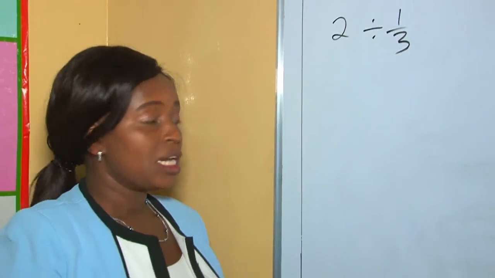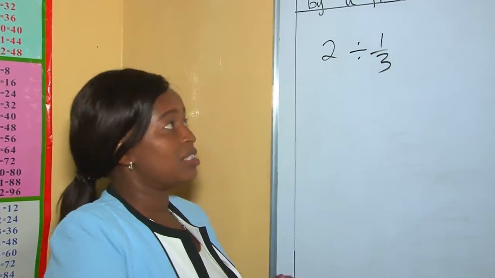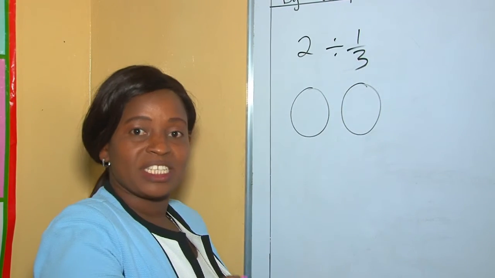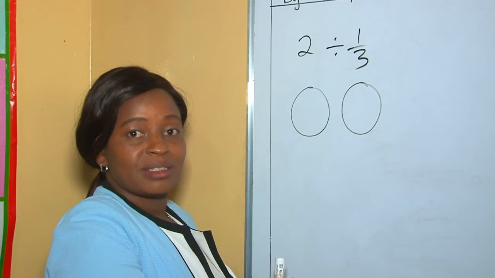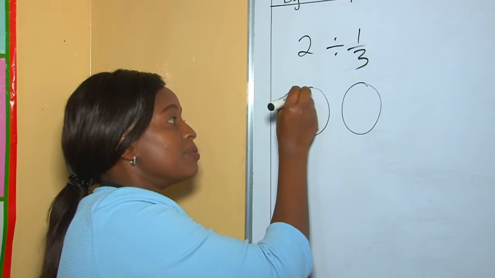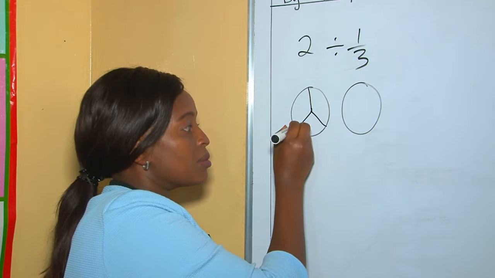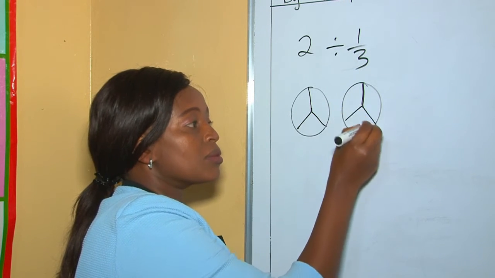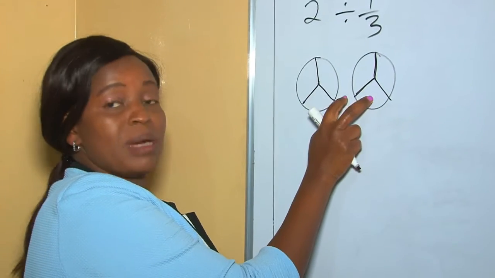According to the question, we are told 2 divided by a third. Assuming these are mangoes, we have 2 mangoes, or 2 oranges, to divide each orange into thirds. So how many thirds are we going to make from these 2 oranges? See, I've divided these mangoes into thirds.